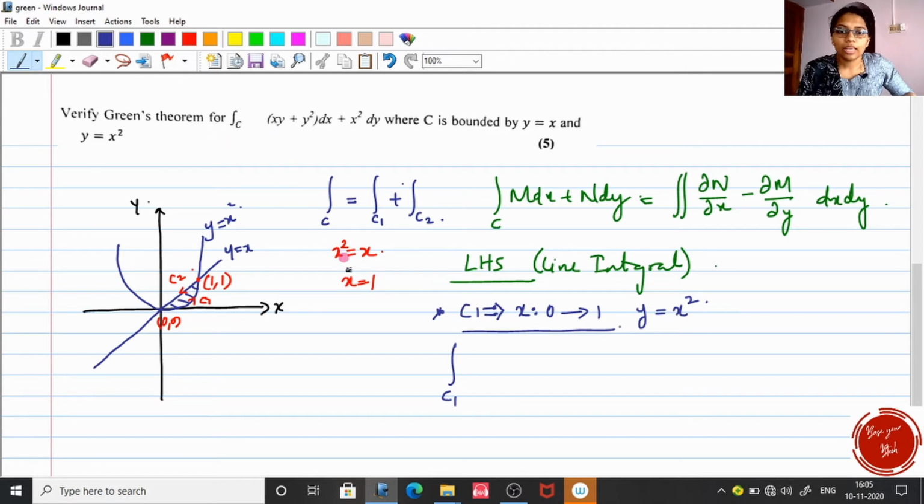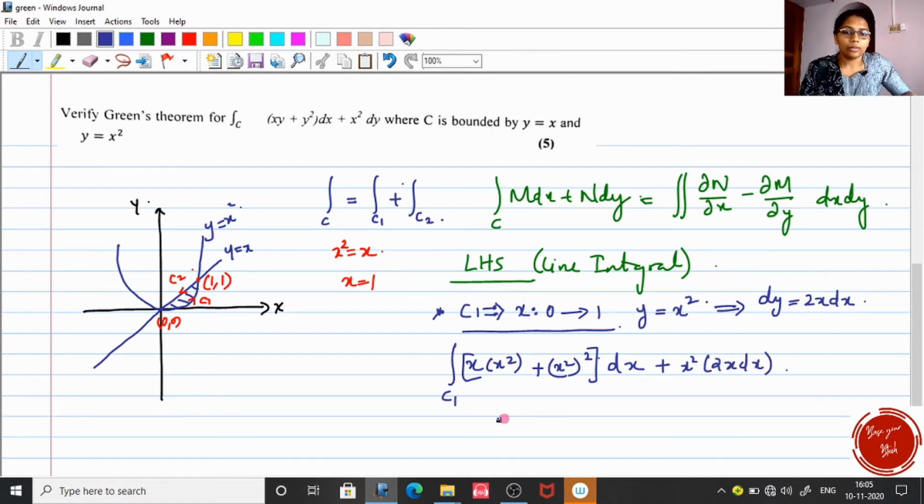The integral over C1 of x into y, here x square, plus y square, which is x square the whole square, dx, plus x square dy. And what about this dy? Since we have y equal to x square, dy means 2x dx. Just take the differential on both sides. So dy can be substituted with 2x dx.